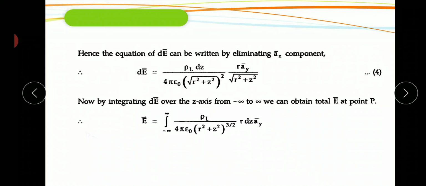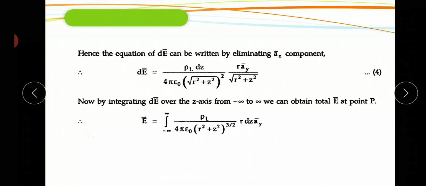So E bar is equal to the integral from minus infinity to infinity of rho_L by 4 pi epsilon naught, times (r square plus z square) whole power 3 by 2, times r dz a_y bar.